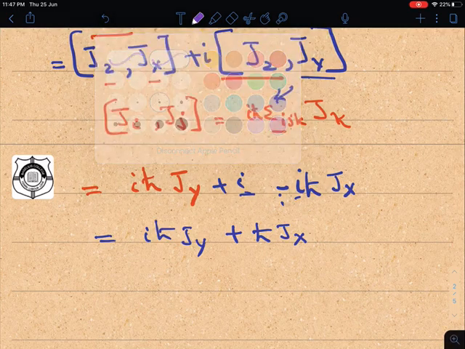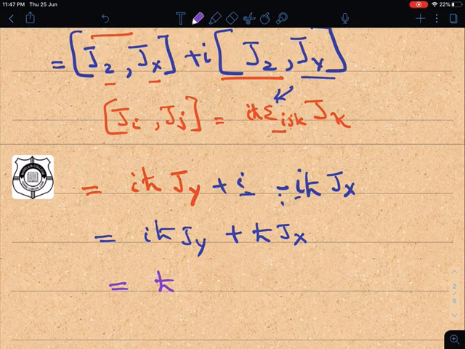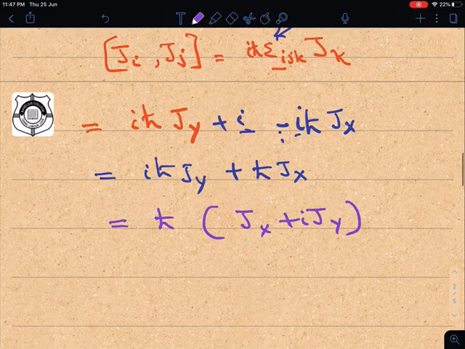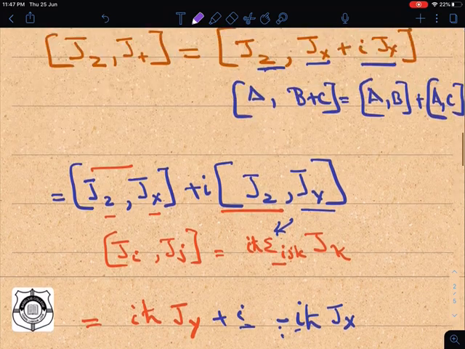Picking the ħ common term outside and rewriting, we get Jx plus iJy. We know this Jx plus iJy is nothing but your J plus. So we found that the commutator [Jz, J plus] is equal to plus ħ J plus.